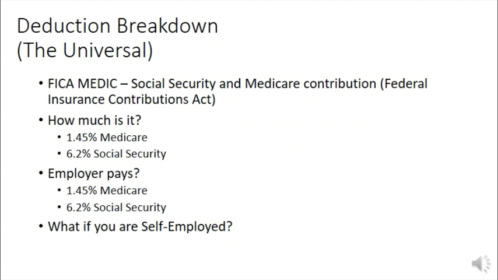Put together, this is 7.65%. So, what happens if you're self-employed, if you are your own boss, if you're running your own business, if you're an entrepreneur? Well, too bad. You're both the employer and the employee. You're paying both. This means you're paying 2.9% of your paycheck in Medicare costs and 12.4% of your paycheck in Social Security costs.